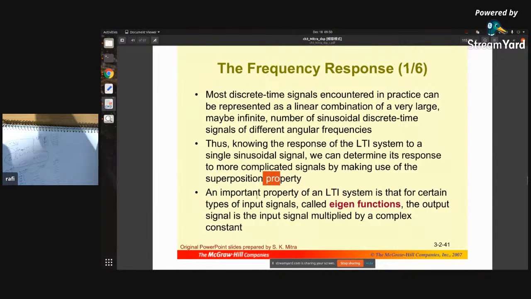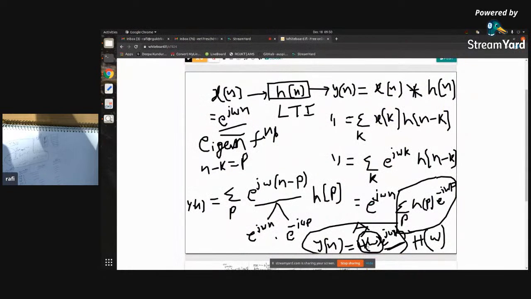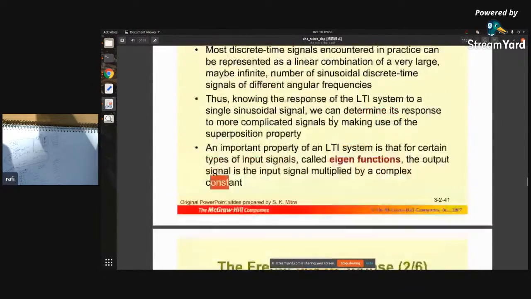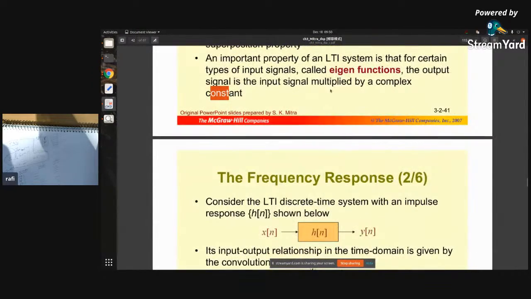The important property of an LTI system is eigenfunctions. That means when you give an eigenfunction to an LTI system, the output is also the same function, just multiplied by a complex constant. Here our complex constant is H of omega. That's the summary of this slide, whatever we have done, the math behind this slide.